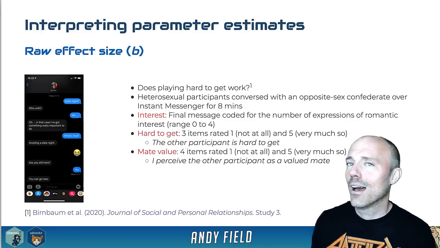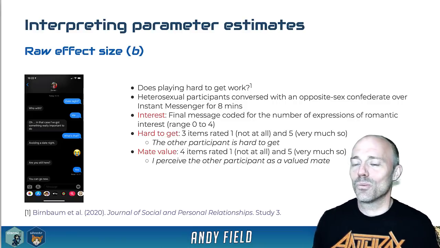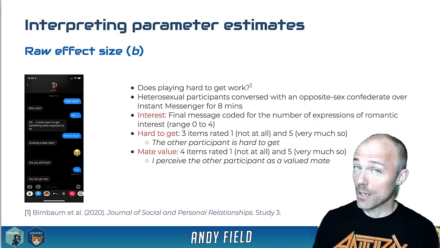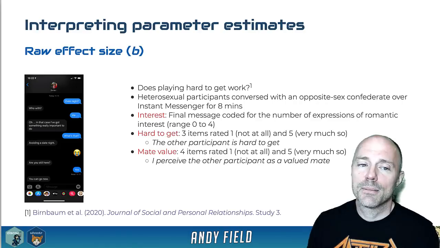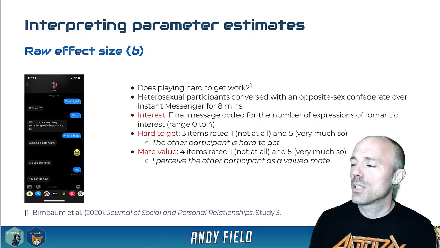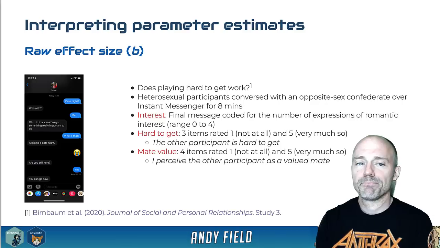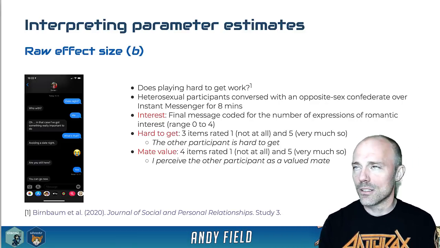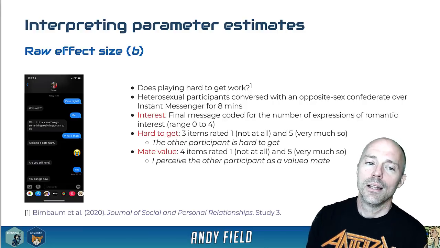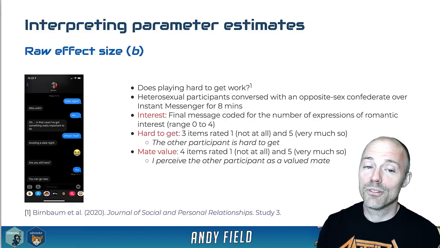One participant was actually a confederate, so they were told what to do. After the 8-minute chat, the participant was asked to send a final message. That final message was coded for the number of expressions of romantic interest, which in this study ranged from 0 to 4.